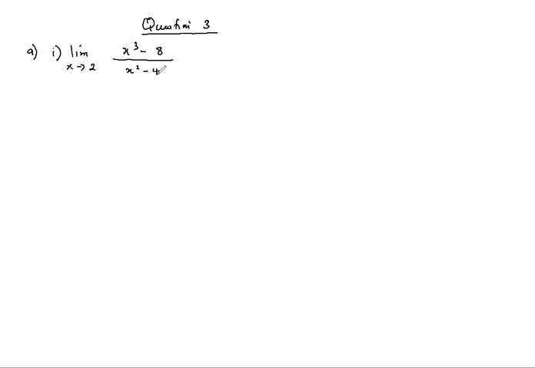Now, if you try to substitute 2 here, you get 0 over 0, which is undefined. So, use the 2 to reduce the x cubed there by synthetic division. If you like long division, by long division. So you get that.